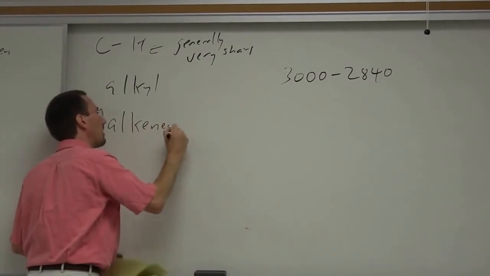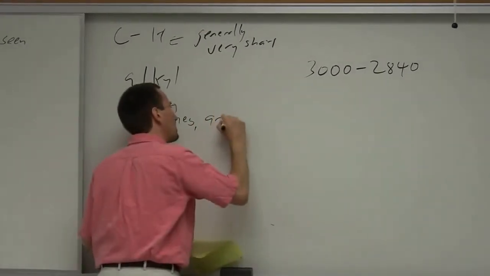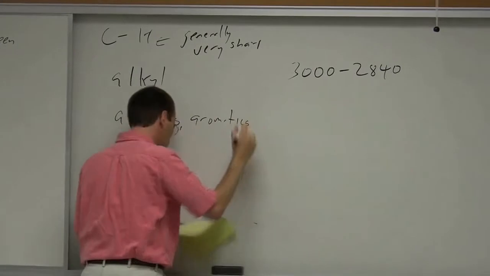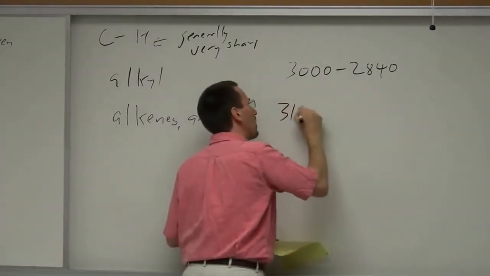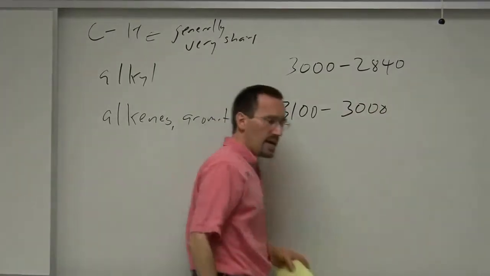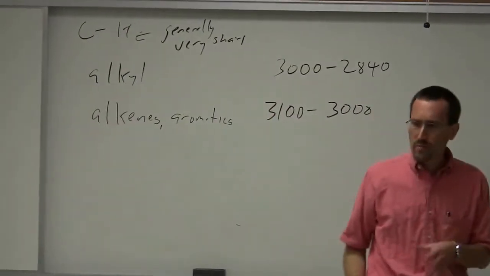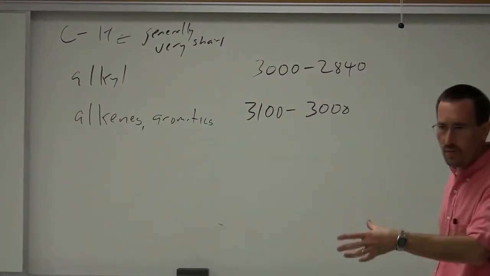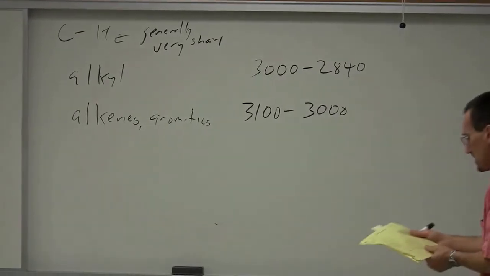Alkenes, arenes, aromatics if you prefer. Generally, we're talking about 3,100 to about 3,000. And again, you're going to get corroboratory peaks. First of all, NMR will also be useful, but you're going to see patterns.